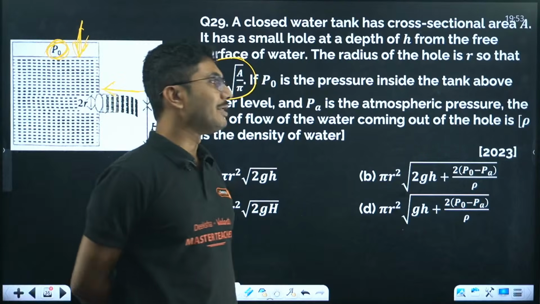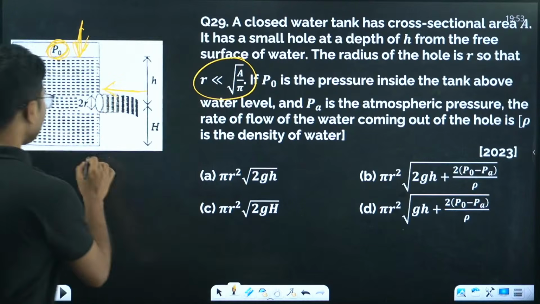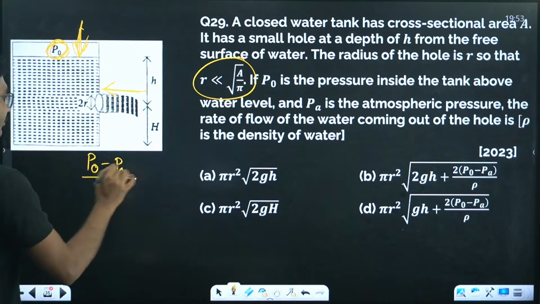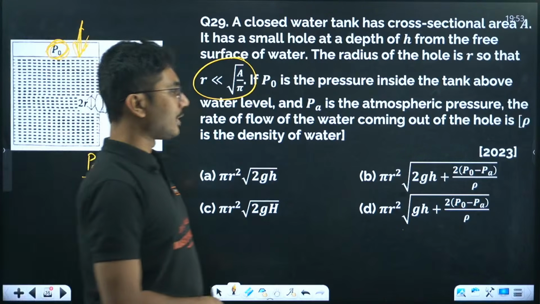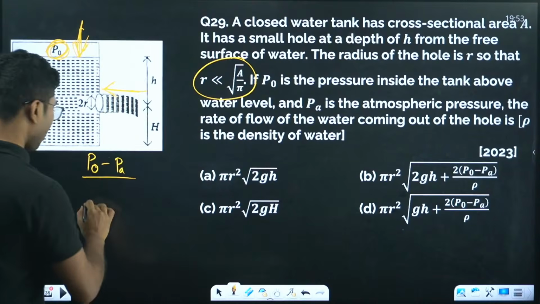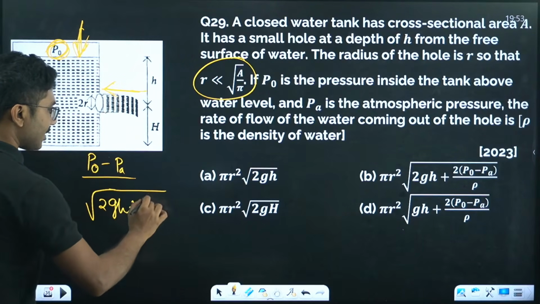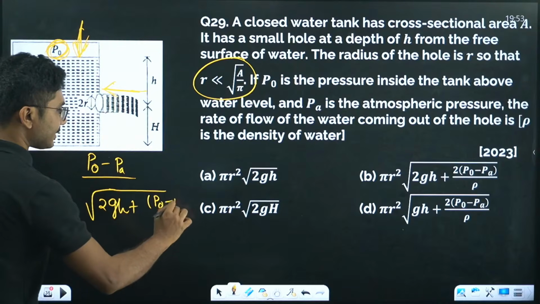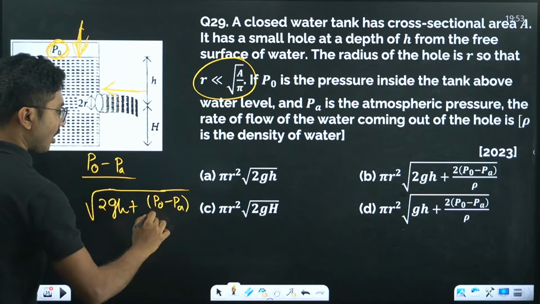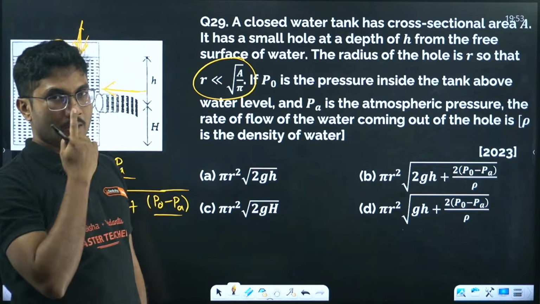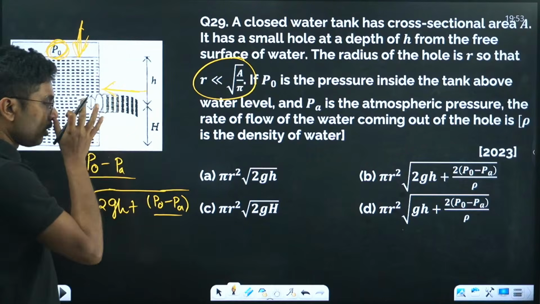So you need to take the difference in pressure, P naught minus Pa. So normally what is the formula? Normally formula is 2gh. So here it will be having some terms related to difference in pressure. So if the side is open, then these two are equal, so this value becomes 0. But if they are not open, they are not 0.